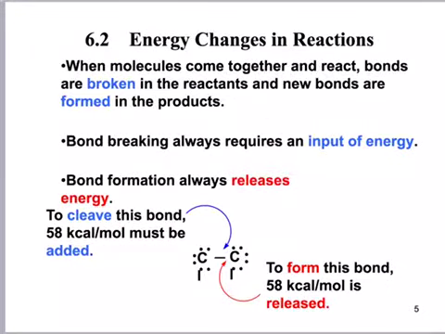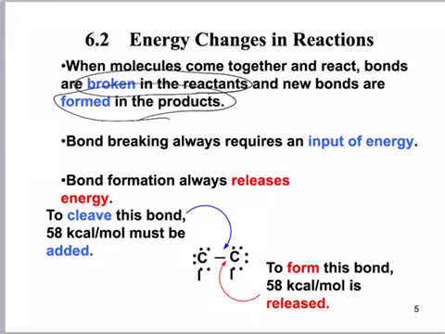So what happens in a chemical reaction? So when molecules come together to react, they're going to bump into each other. And what's going to happen is some reactant molecules are going to break bonds. And then new products are going to be formed by the making of new bonds.